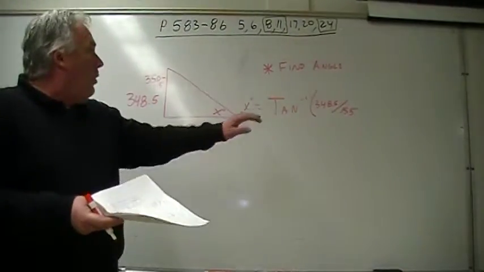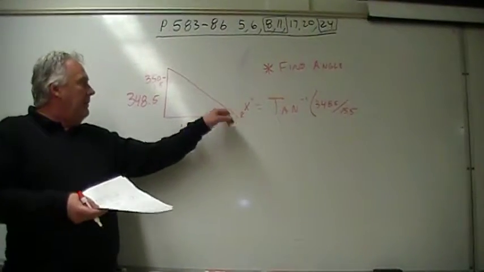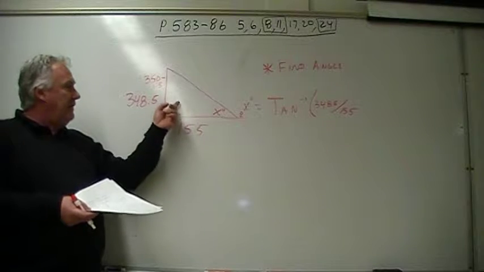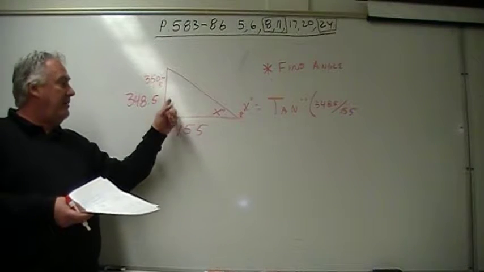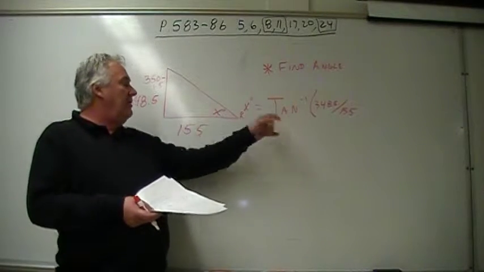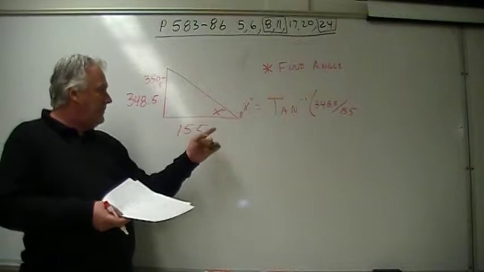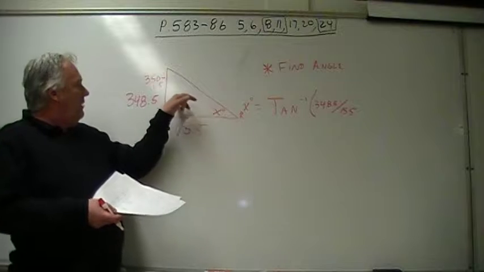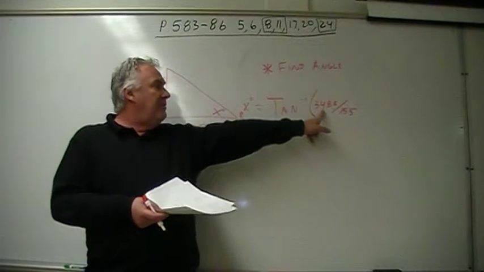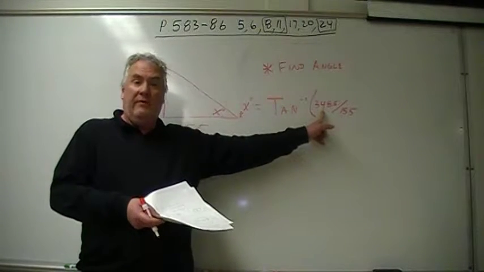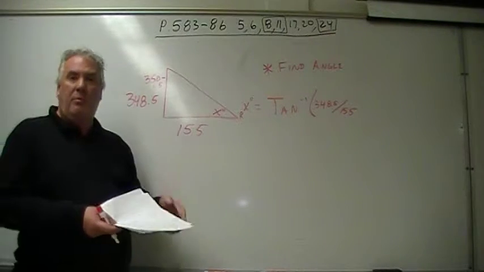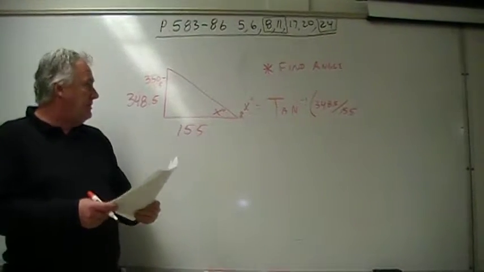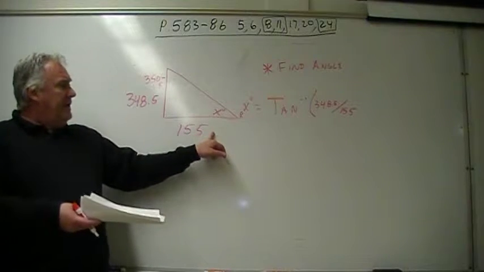So, to find the angle, when you're given 2 sides, inverse tangent, because it's opposite and adjacent that we need. Tangent ratio is opposite to adjacent. So to find the angle, we're going to use the opposite side length, which is 348.5, that's the 350 minus the 1.5 of the person, over the adjacent side.